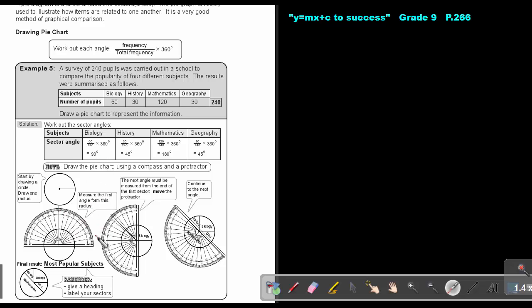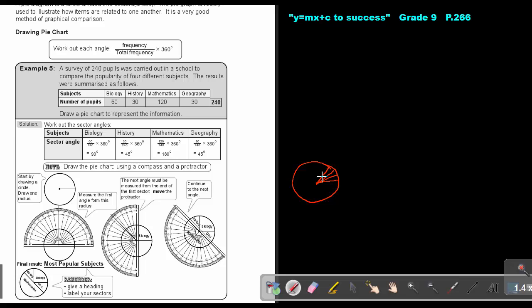Then, and this is very important, the next angle must be measured from the end of the first sector. So move the protractor. In the beginning, I was always seeing students who were having sketches, just rough sketches, and I could not understand why.